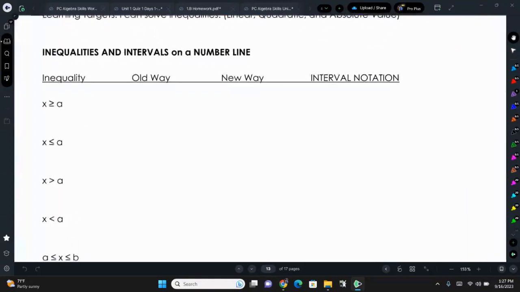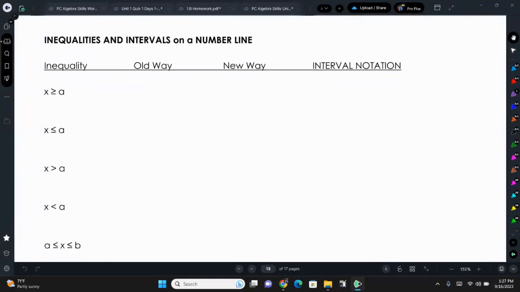You've used interval notation before when talking about domain and range, so all of those rules are still going to apply. So x is greater than or equal to a. What that would look like in a graph, if we had a right here, it would be a closed circle, and we would be going to the right, all the x values that are greater than a.